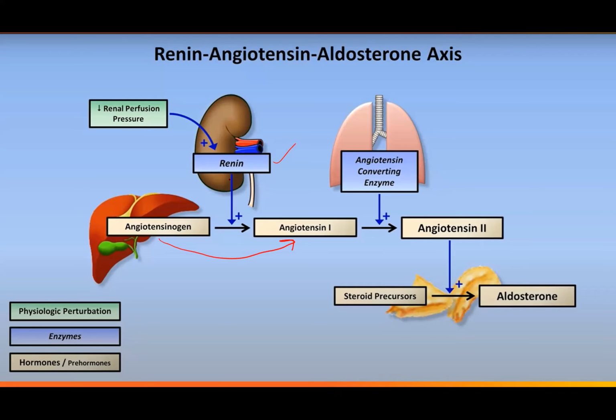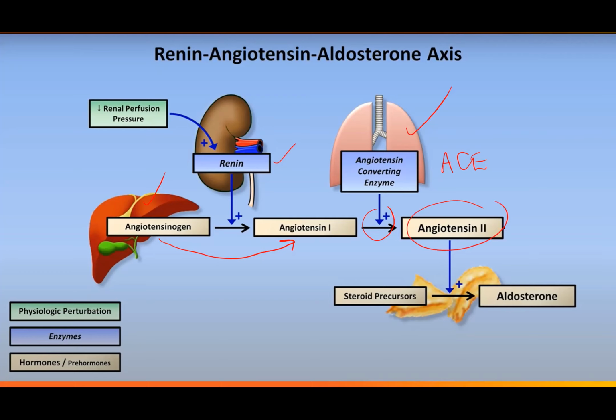Angiotensinogen is produced in the liver. This angiotensin 1 is acted upon by an enzyme, angiotensin converting enzyme, which is predominantly in the lung, and so that conversion occurs in the lung and it becomes angiotensin 2.